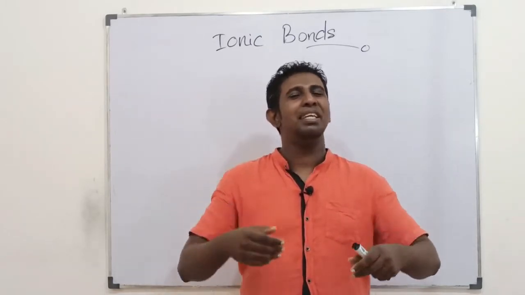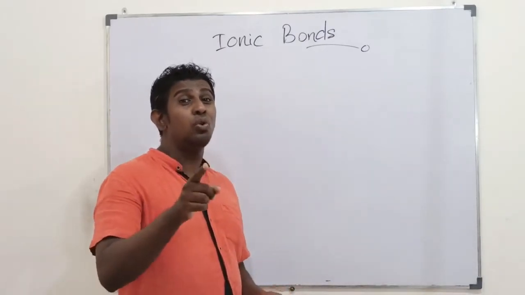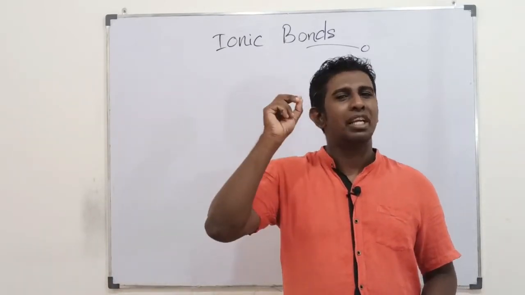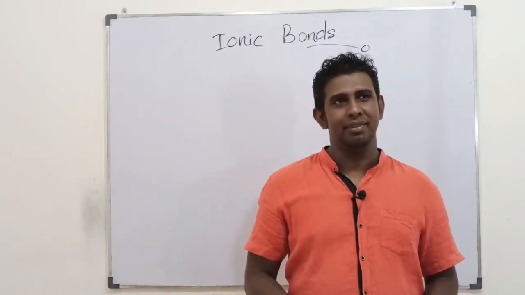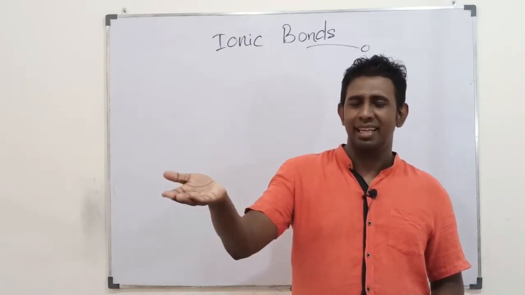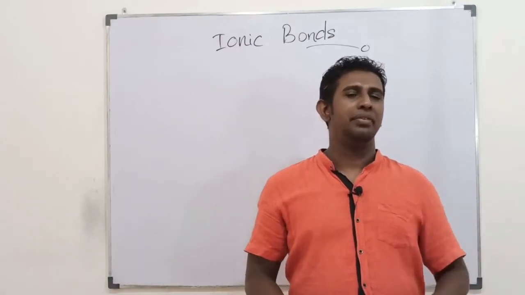It's the same here in A level. You need to have two oppositely charged ions. What are the two oppositely charged ions? They are cations and anions. Positive ions and negative ions.